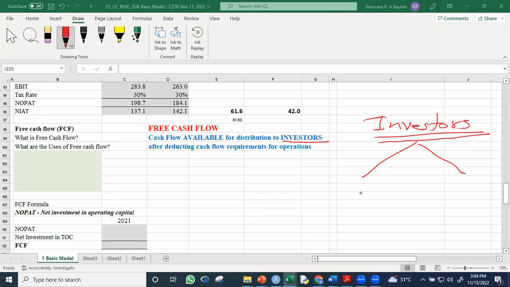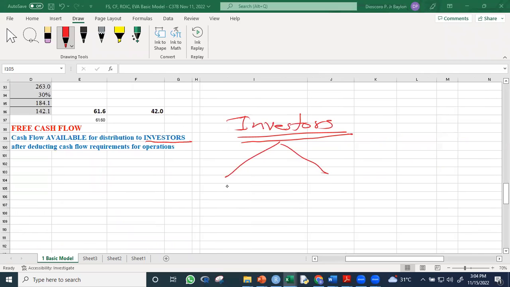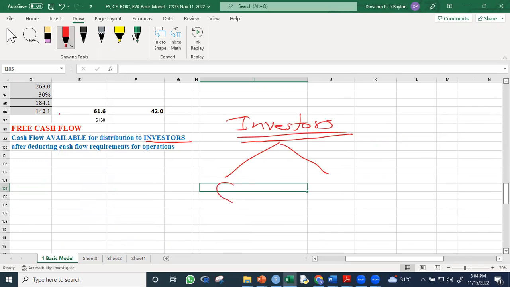So we have equity and debt. Who is equity, and who is debt? You know this very well, class. Investors, who are they? Let's be more specific.